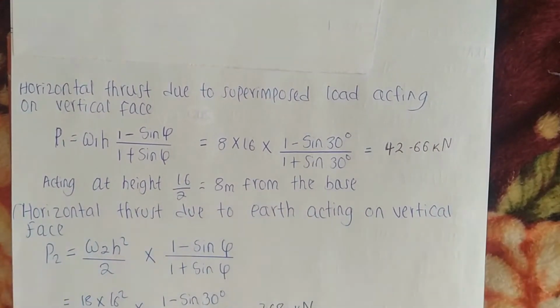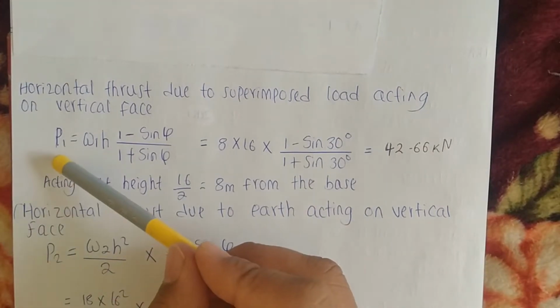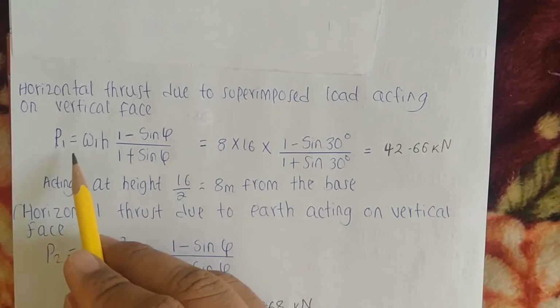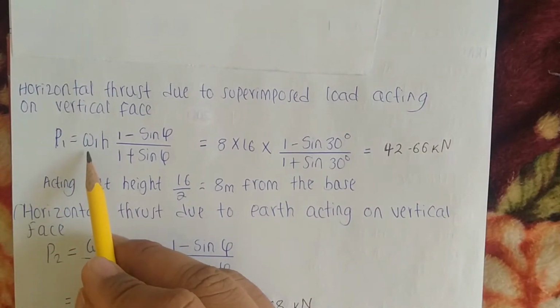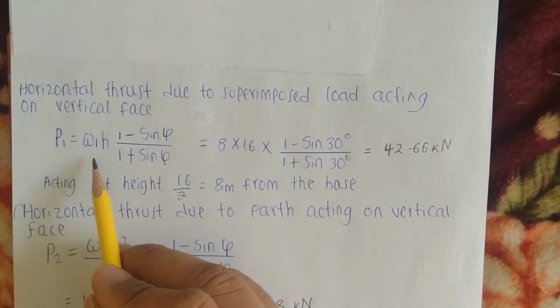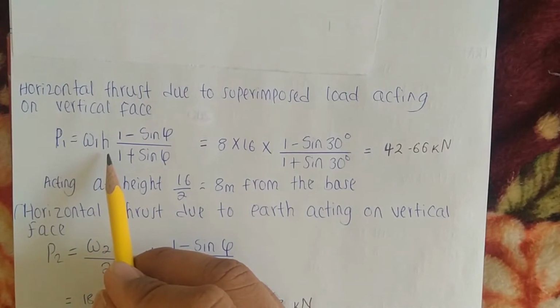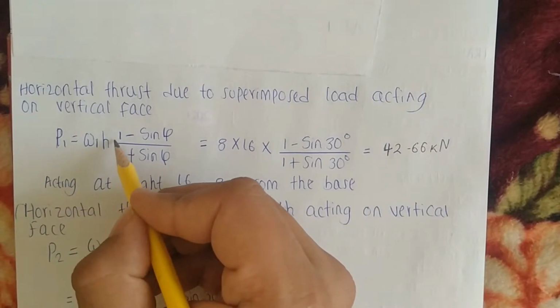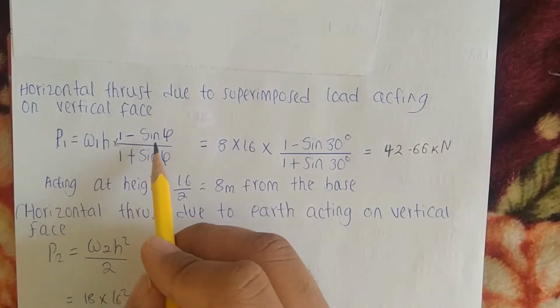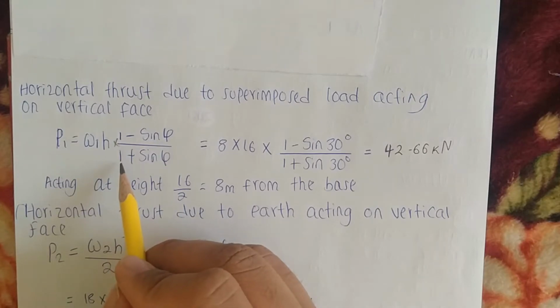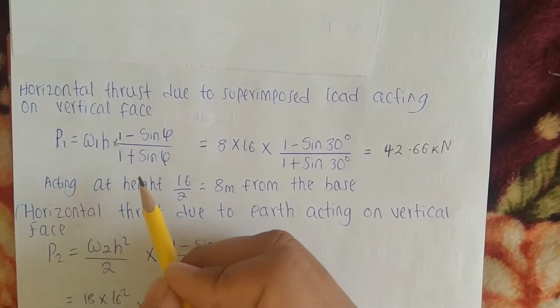So first of all, we shall calculate the horizontal thrust due to the superimposed load acting on the vertical face. So this is the formula. We will denote it as P1, which is equal to W1, the weight of the imposed load, multiplied by the height of the earth, and then again multiplied by (1 minus the sine of the angle of repose) divided by (1 plus the sine of the angle of repose).